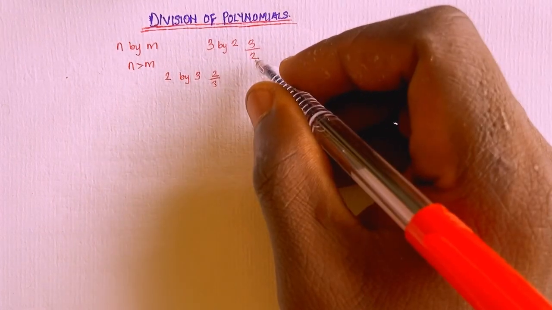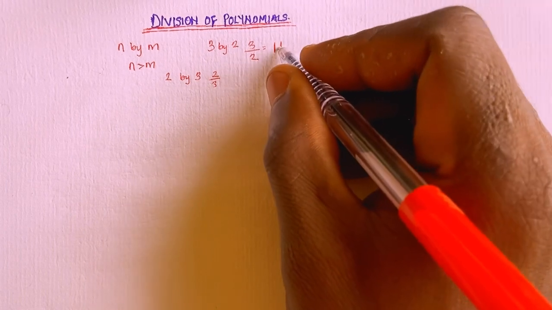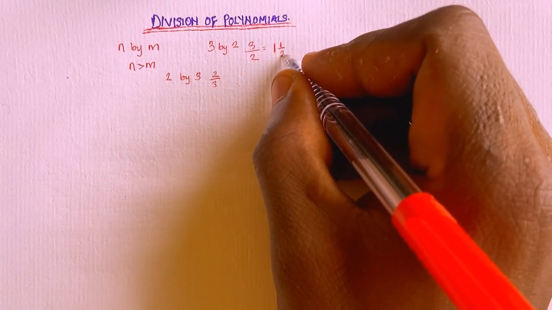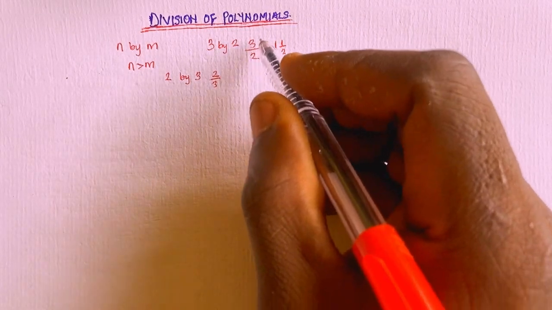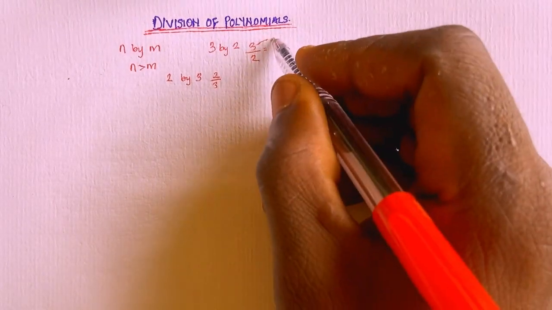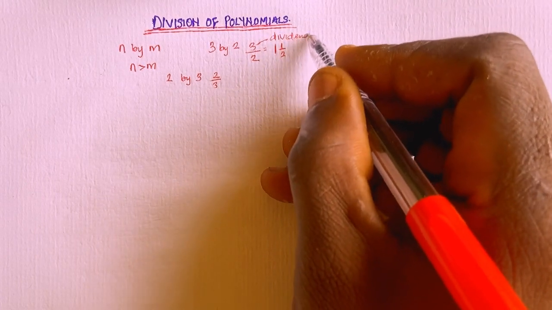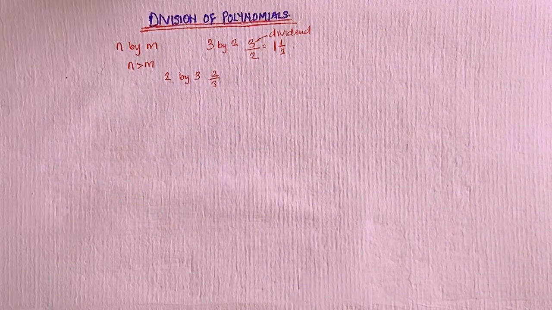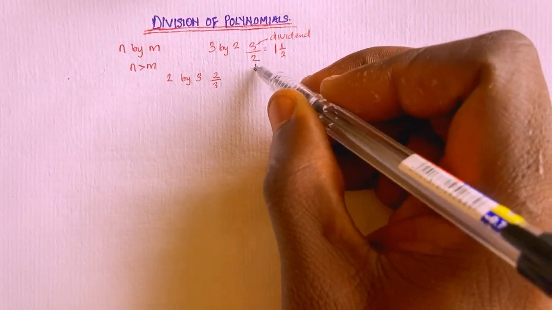Right? In this case, you are going to have something like this, which is actually one whole number, 1 all over 2. This theory has a name: you call this your dividend. Then you call the 2 your divisor.